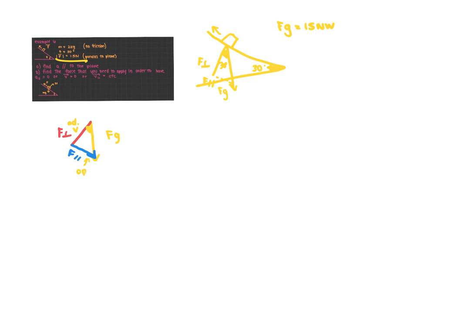Now we can use formulas to help us find what the opposite angle would be. So it would be h times the sine of theta equals the opposite angle, and h times cosine of theta equals the adjacent angle. And h is really just going back to this force.